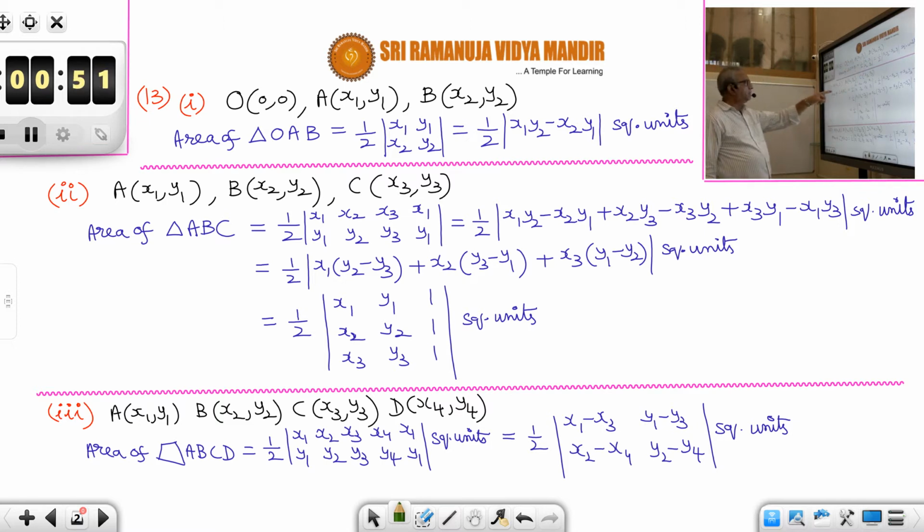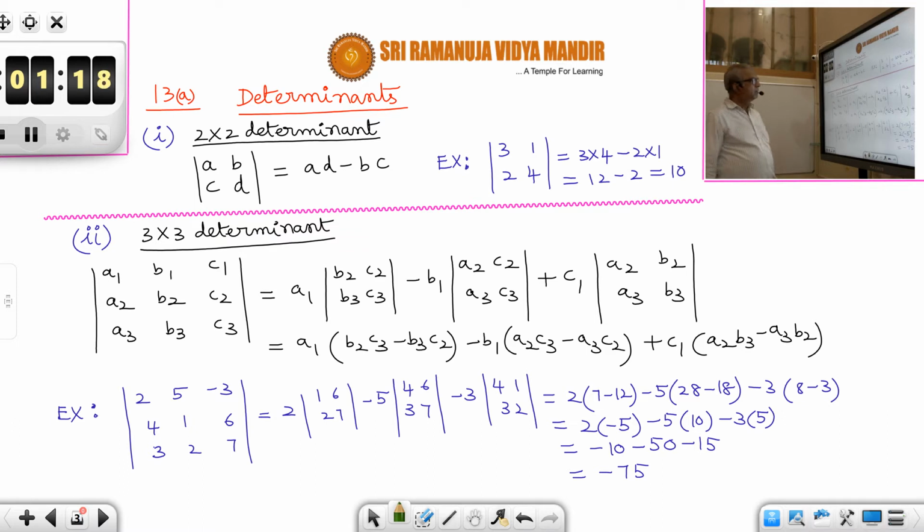Similarly, when the origin is not a vertex and x1, y1, x2, y2, x3, y3 are the three vertices, I have given three different formulas. And at the end, I have also given a formula for the area of a quadrilateral. Let us do some examples on this now.